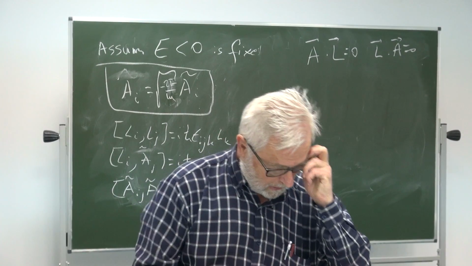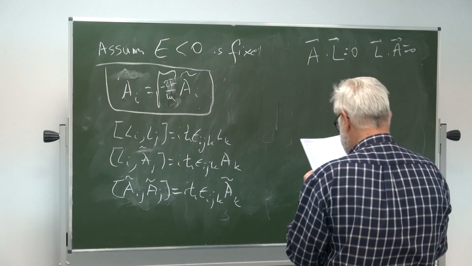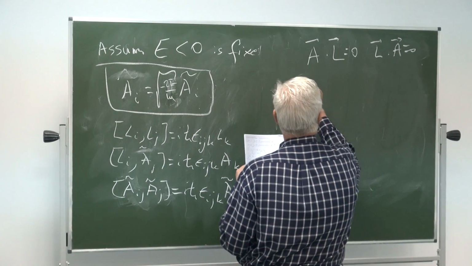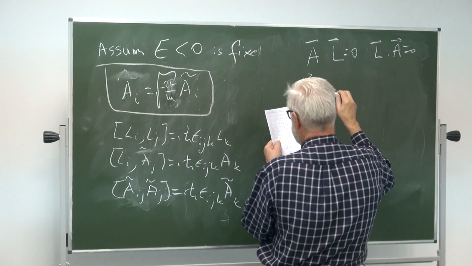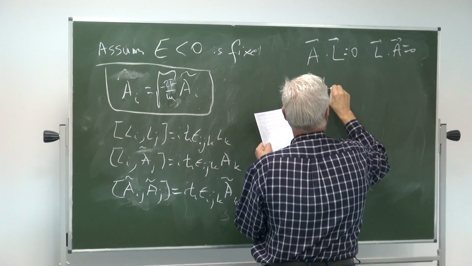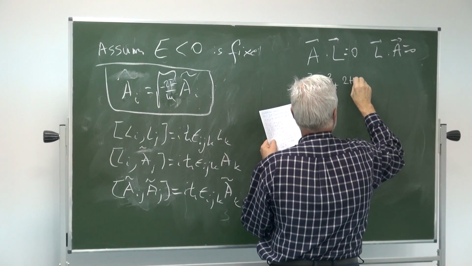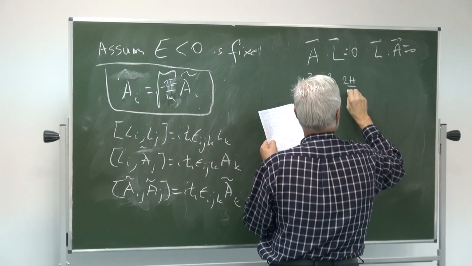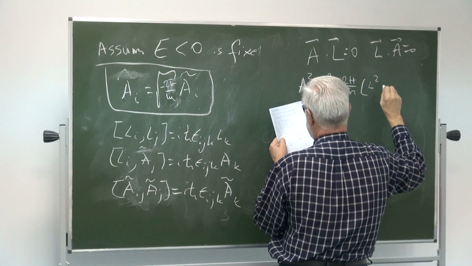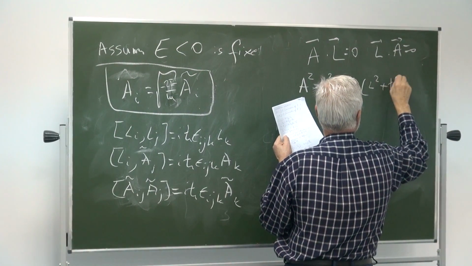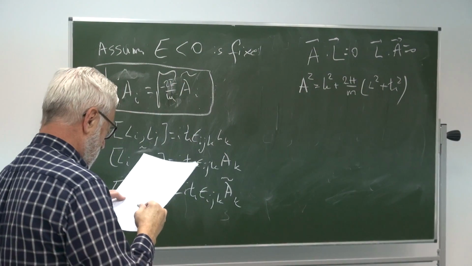Less obvious, and actually again rather tedious, is another expression, namely if I take A squared, that can be written as k squared plus 2H divided by m times L squared plus h bar squared. This is less trivial, and again, I did not check it.